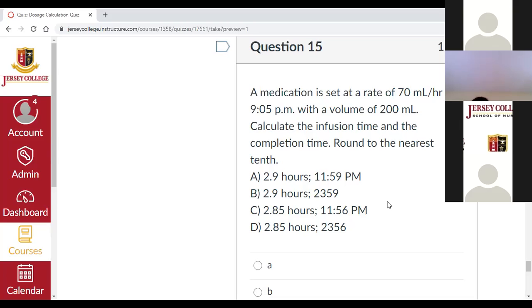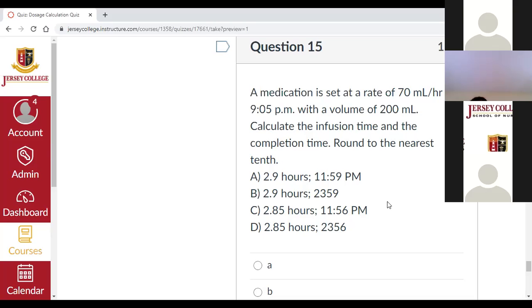So we round it to 2.9 and then use the 2.9 to continue solving it, right? Yes. So now how do you convert 0.9 into minutes? You multiply by 60. Okay. So then you should come out with 2 hours and 54 minutes. Yes. And if you add that to 9:05, that brings you to 11:59 p.m.